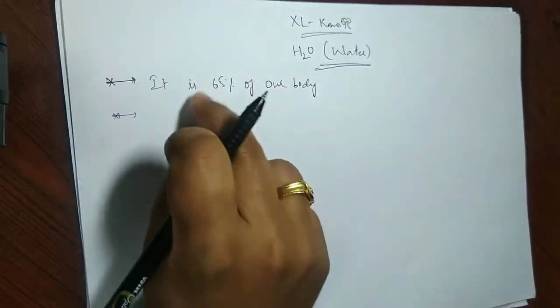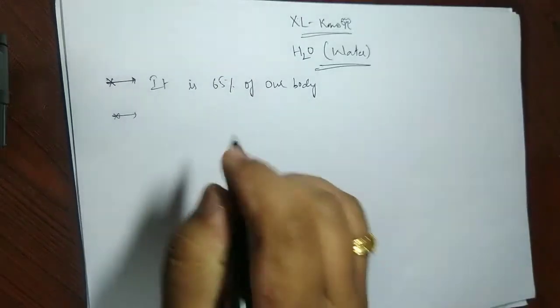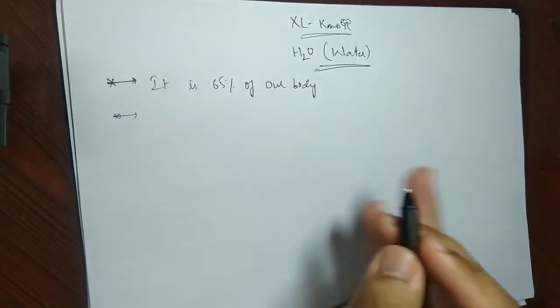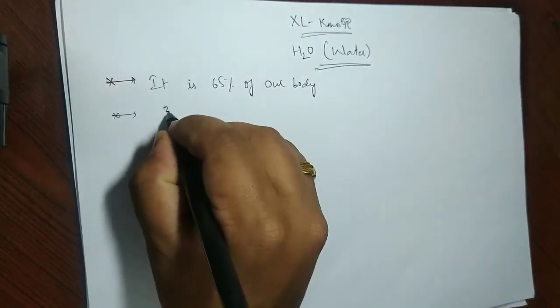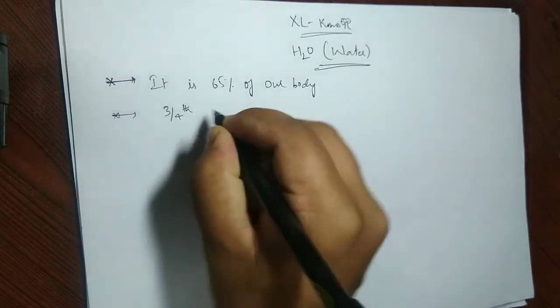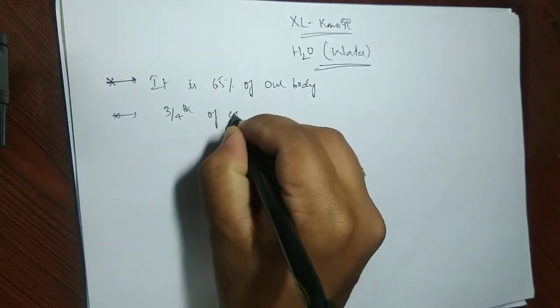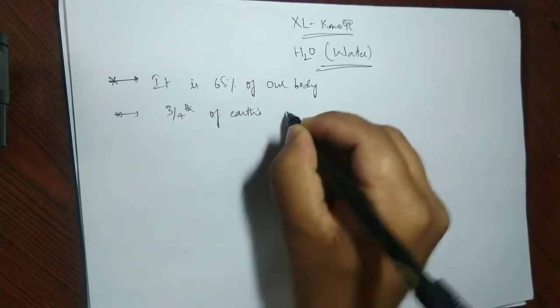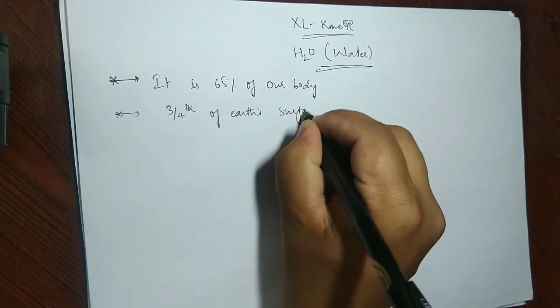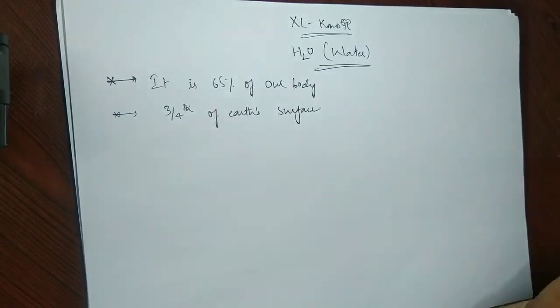Our body generally contains 65% water, and as far as our earth is concerned, 3/4 of the earth's surface is filled with water.